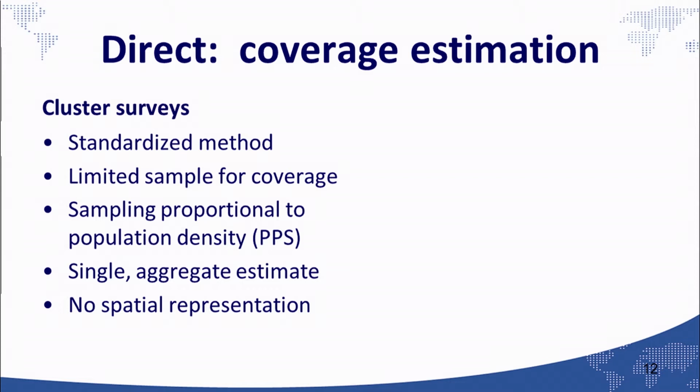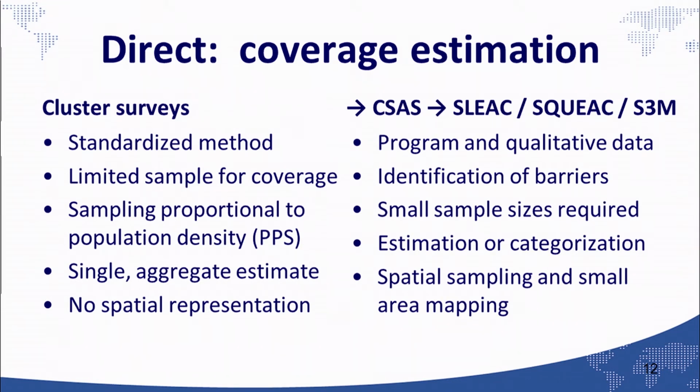Given the limitations of the SMART methodology for coverage assessment, several new approaches have been developed in recent years. These efforts gave rise to the CSAS method in 2002, which is the Centric Systematic Area Sampling Method, and then later to 3 newer methods known as SLEEK, SQUEAK, and S3M.